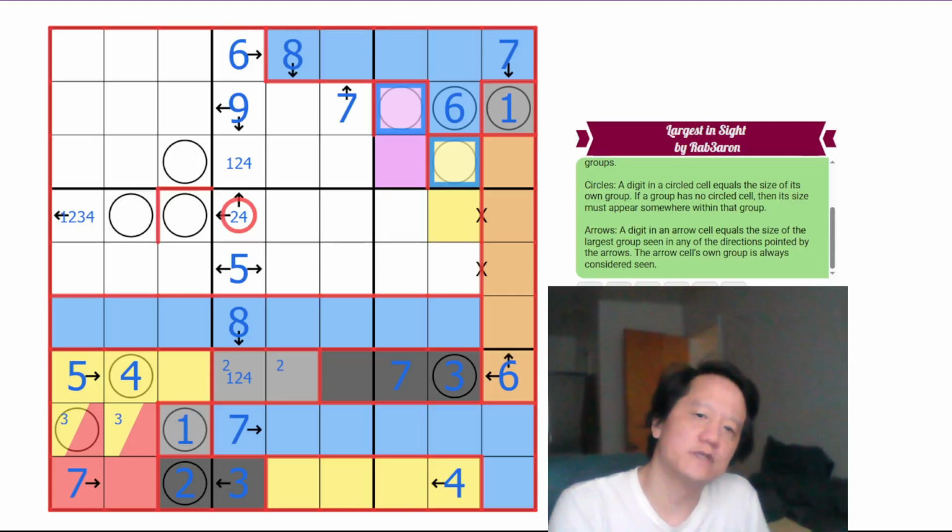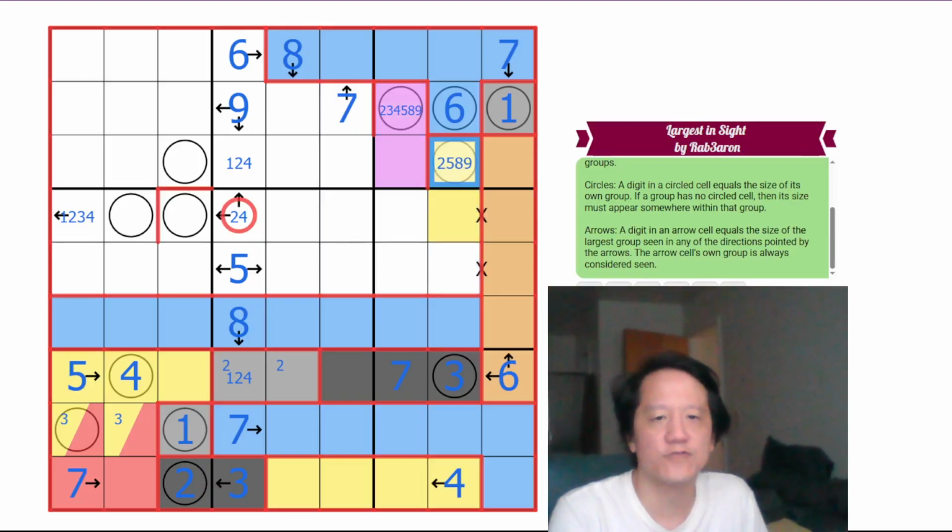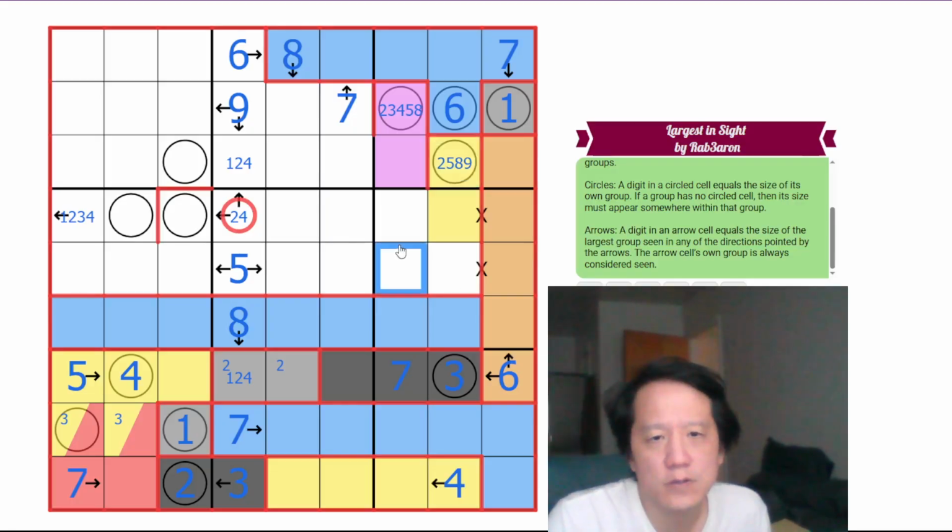Cannot be 1, 6, or 7. You could have 2, 3, 4, 5, 8, or 9, technically. No 3 or 4 here, no 9 here. Can this really be 8 or 9? Unlikely. Oh, whoops.